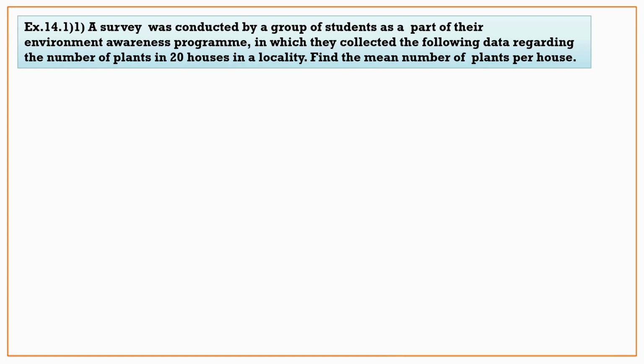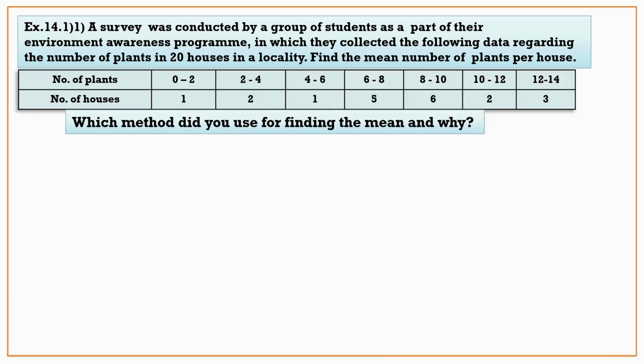Find the mean number of plants per house. Here the frequency distribution table is given. The number of plants, that is the class interval, is given, and the number of houses, that is the frequency, is given. Which method did you use for finding the mean and why?